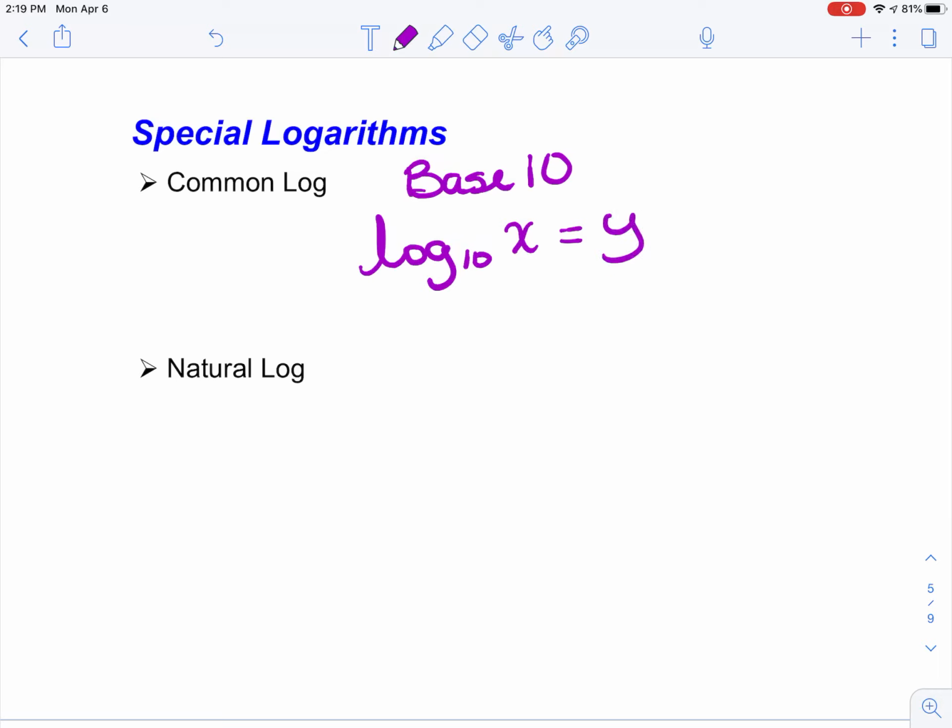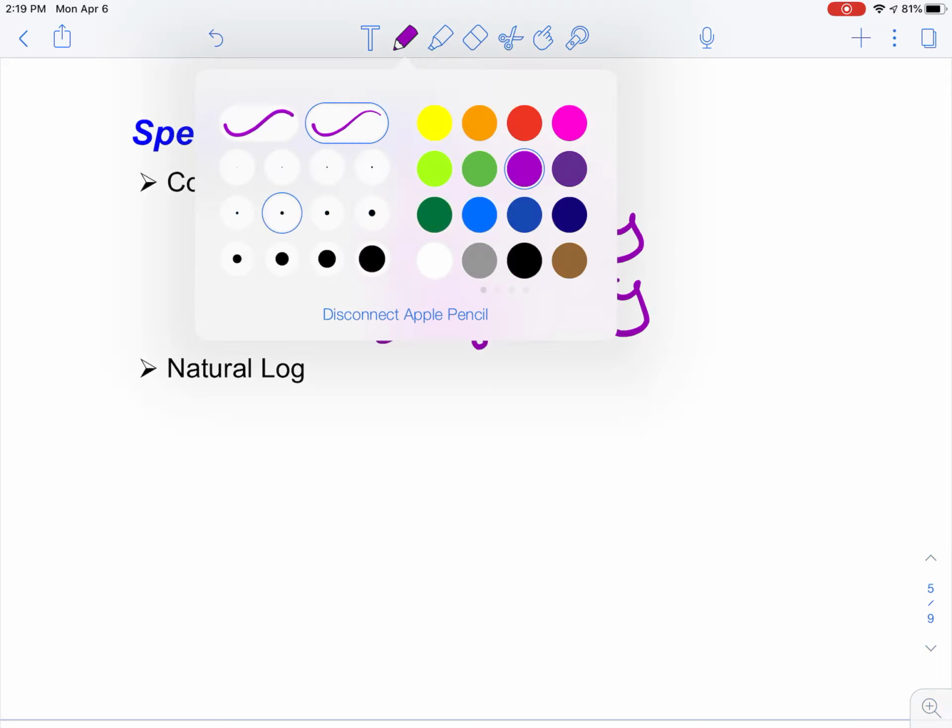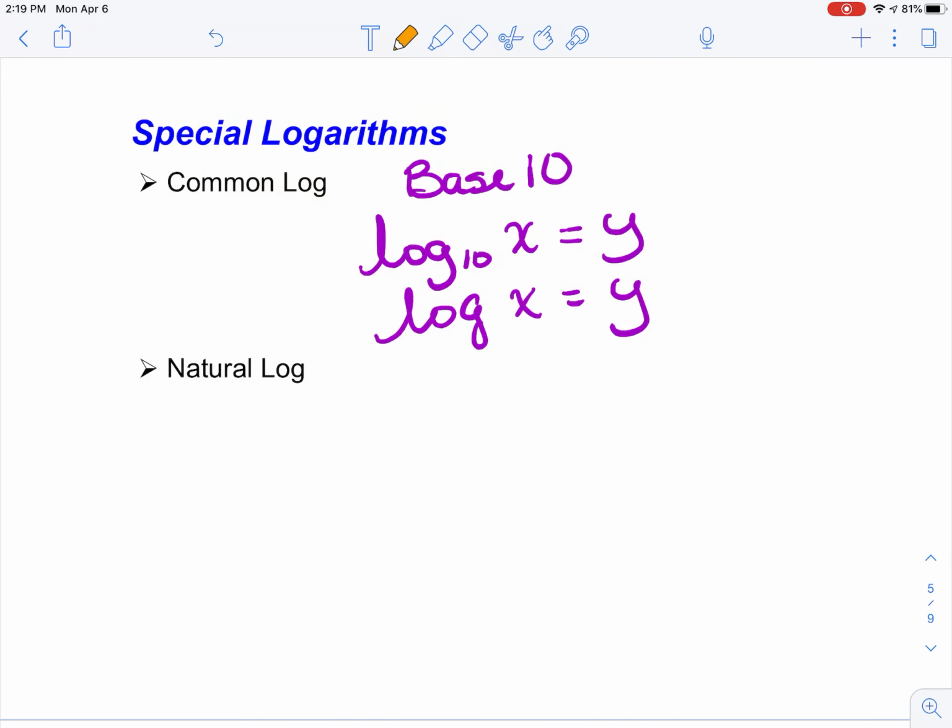But since it's special, you don't have to put that 10. So it's just log x equals y. Okay, so it's an invisible 10, just like if we had the square root of 4, there's an invisible 2 there. So right here, there's an invisible 10.